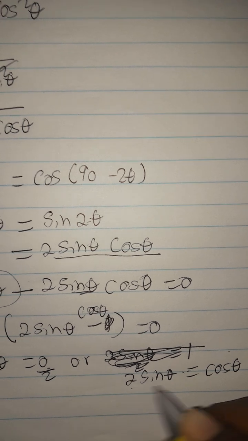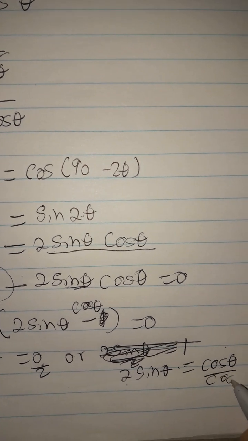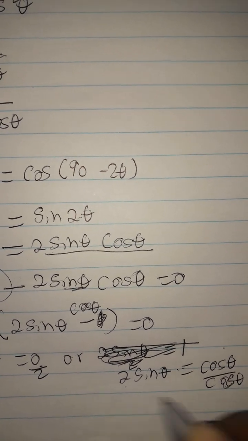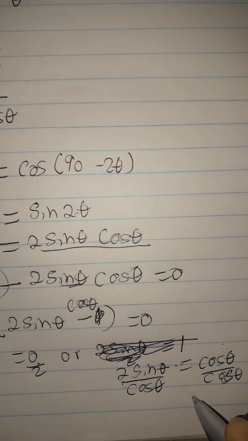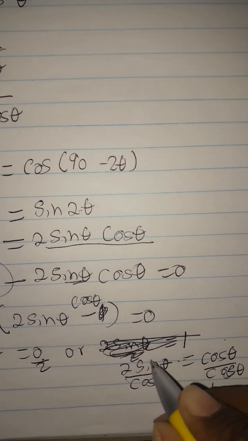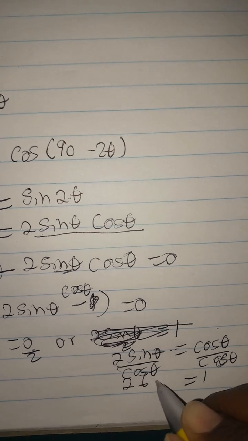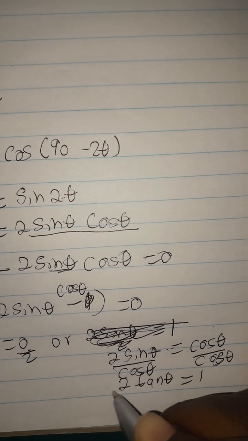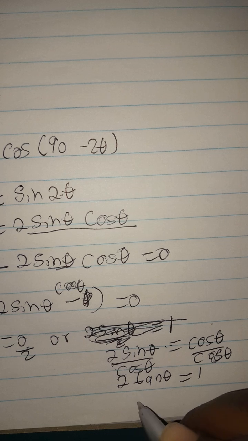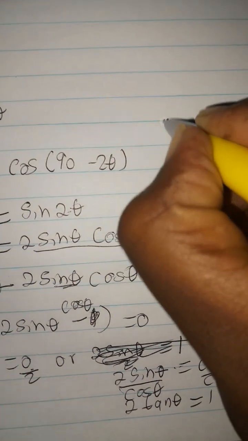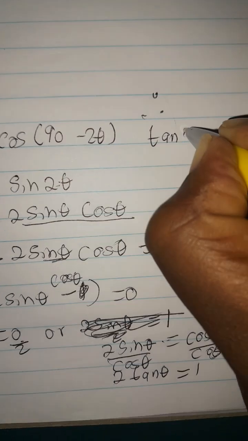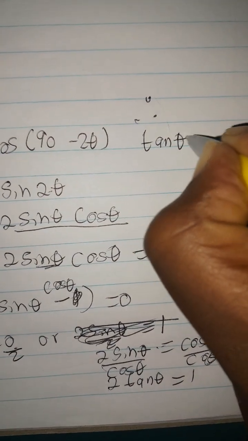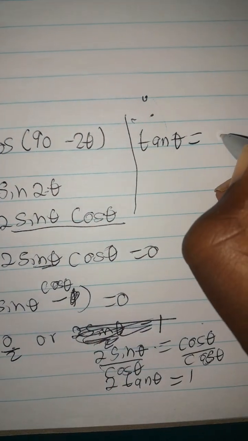So we can divide everything by cos theta so that we make it a quotient identity. Cos and cos will give you 1, and sine all over cos will give you 2 tan theta. Then for us to make theta the subject, tan theta will be equal to half, right?